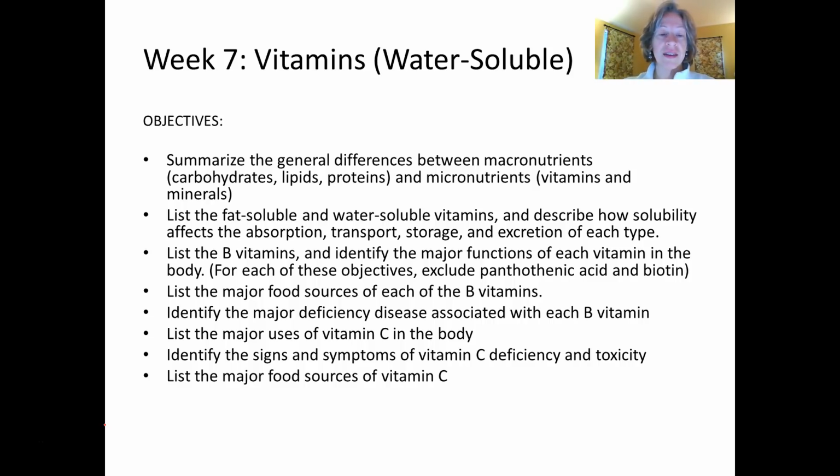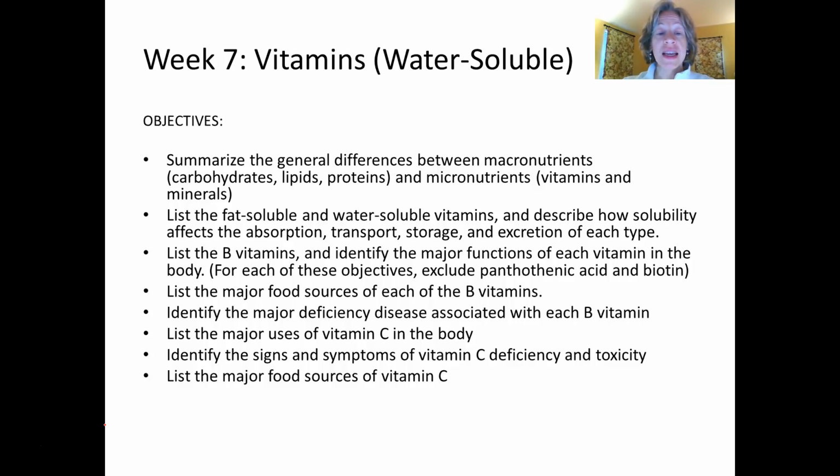And the classic deficiency of vitamin C is scurvy. One of the first symptoms is bleeding gums. You'll also see little pinpoint hemorrhages in your skin. These are points in your skin where the collagen is no longer intact, or the integrity is compromised.